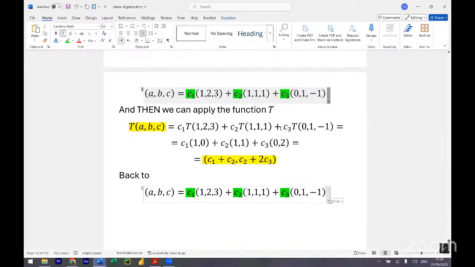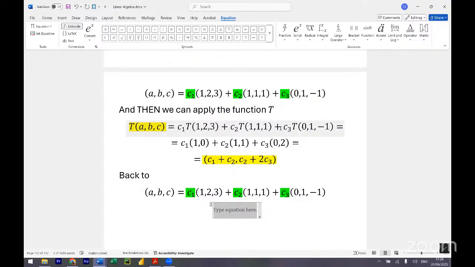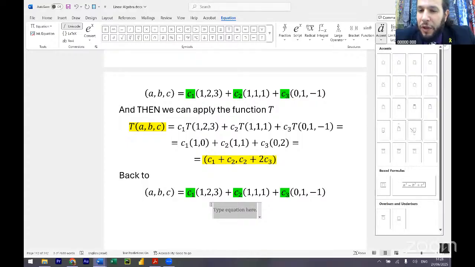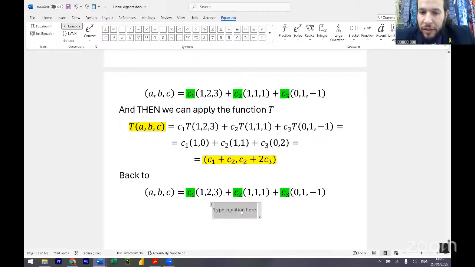We know that whatever the first value is, it's C1 plus C2, and the second value. Exactly. That's a linear set of equations, basically.